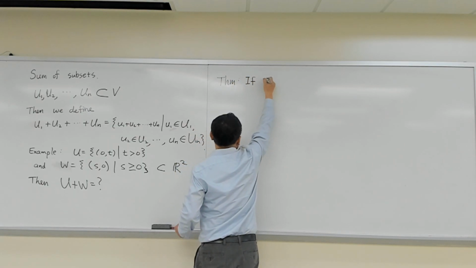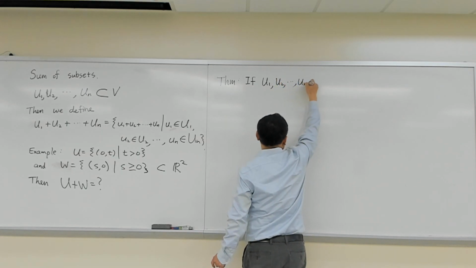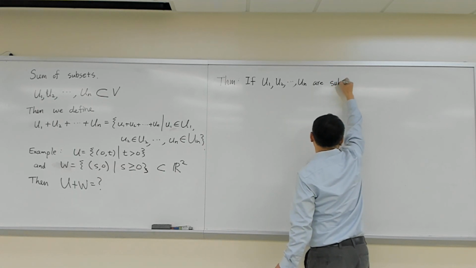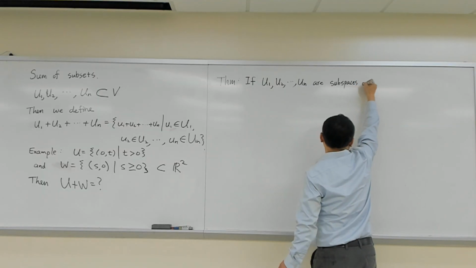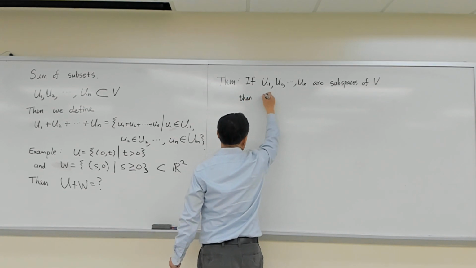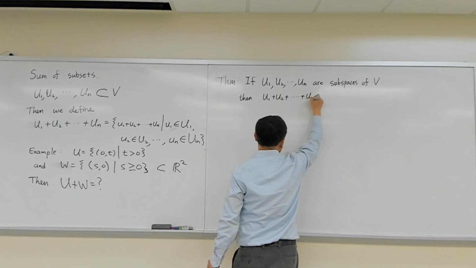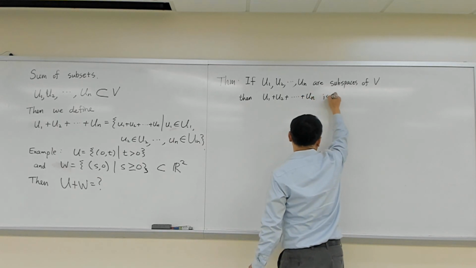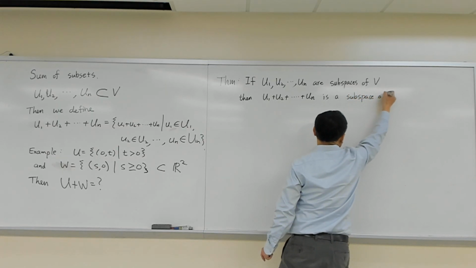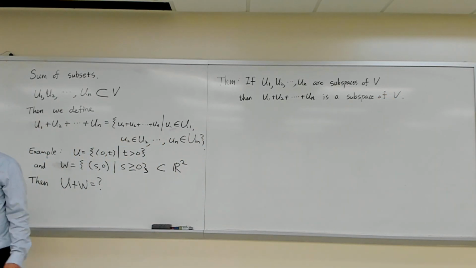If U1, U2, Un are subspaces of V, then U1 plus U2 plus dot dot dot plus Un is a subspace of V. Let's try to prove this.